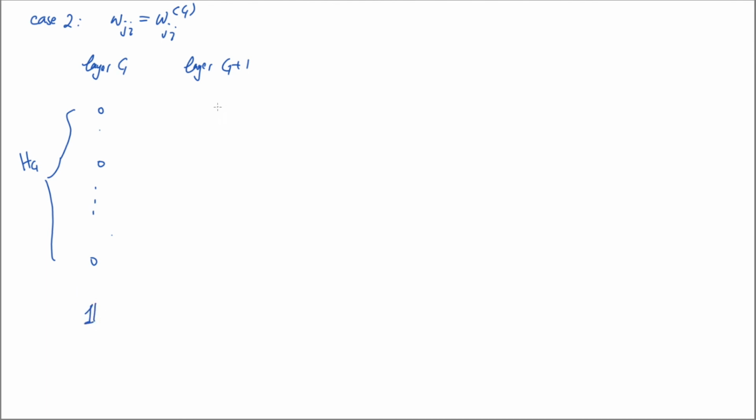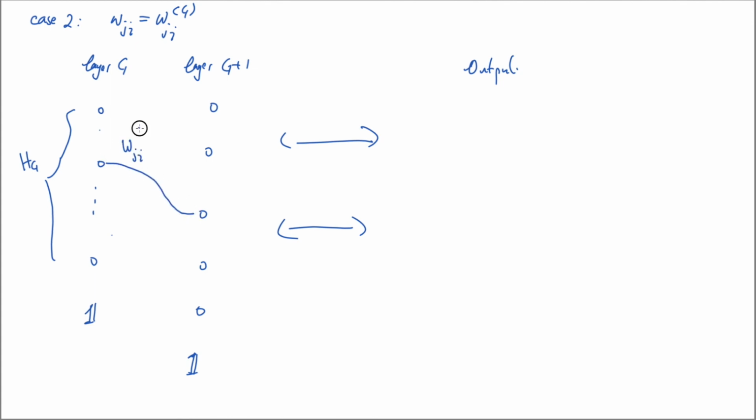And then layer G plus 1 has some other neurons and its own bias. Okay, and the output is somewhere here, so there's a big distance in between. And we're looking at this weight, for example, Wji G.